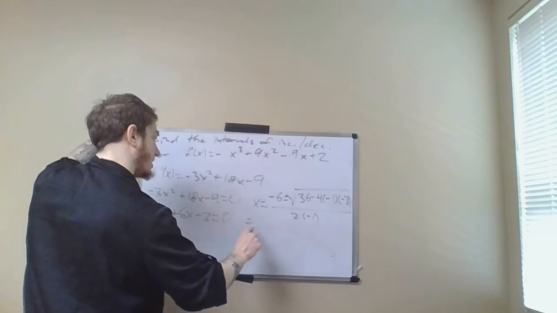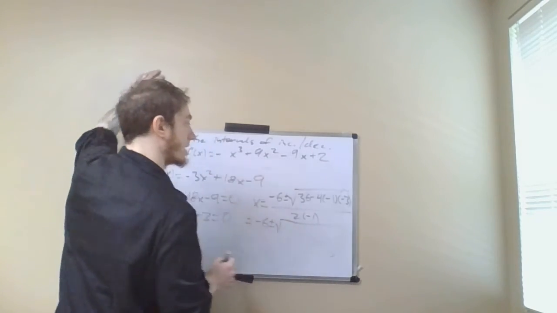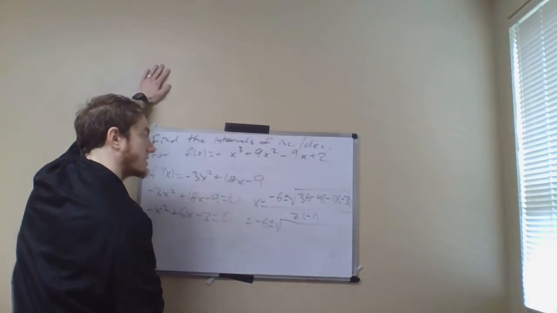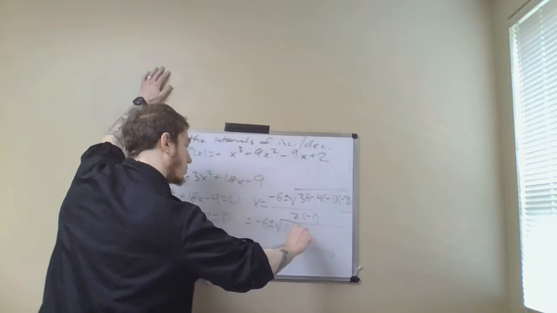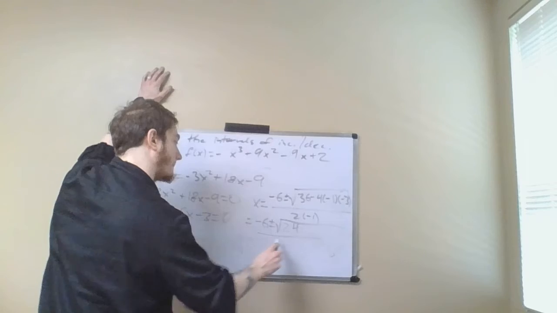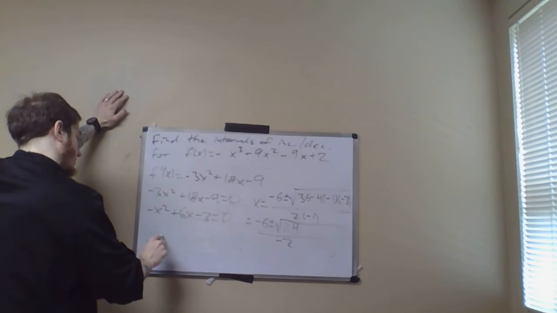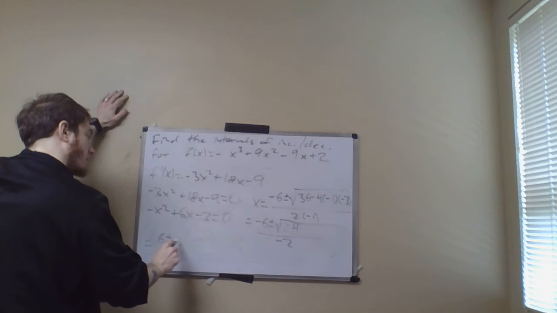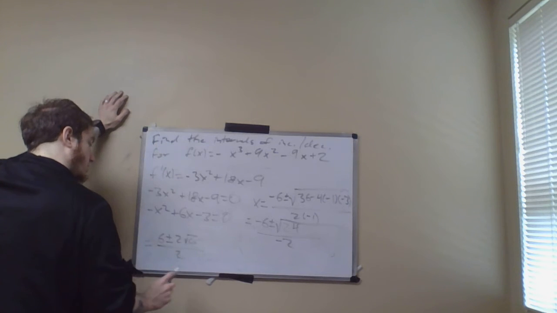So this is going to give me negative 6 plus or minus the square root of, let's see, 4 times 3 is 12. So this is 36 minus 12, which is 24. And on the bottom, we have a negative 2. So this is 6 plus or minus 2 square root 6 divided by 2.